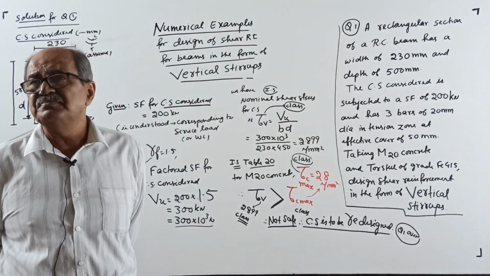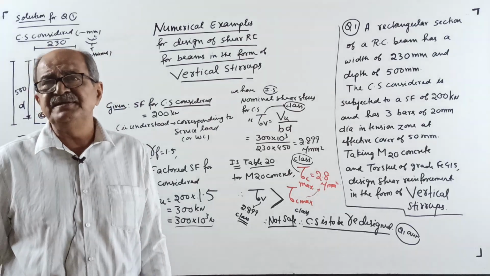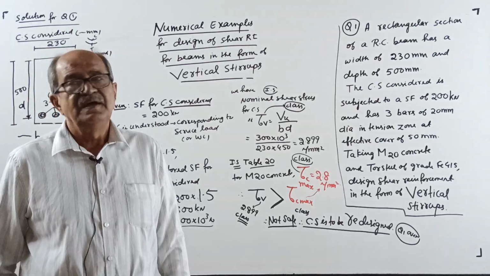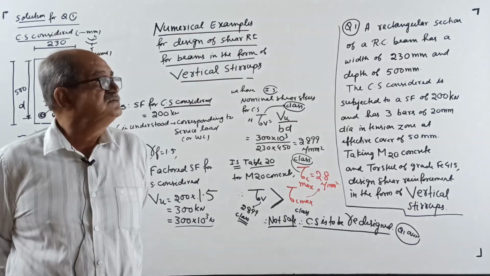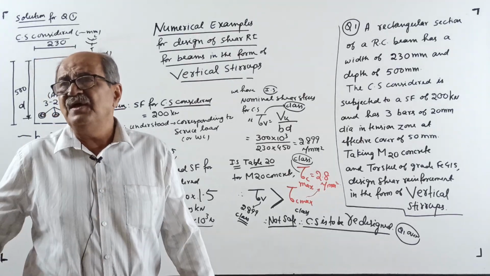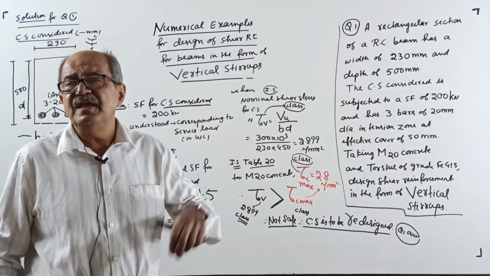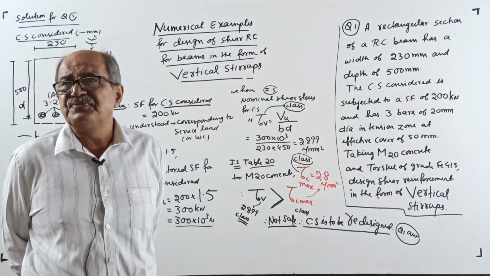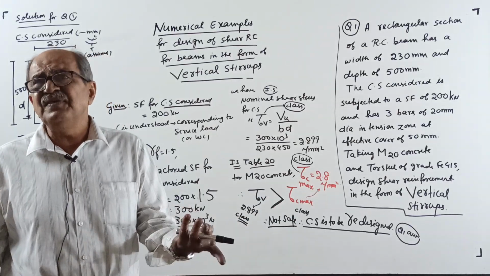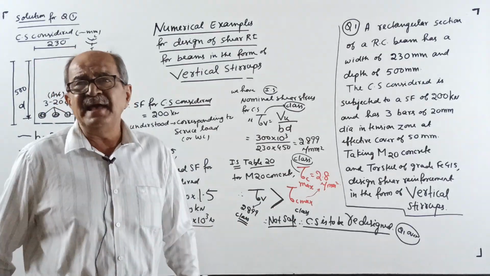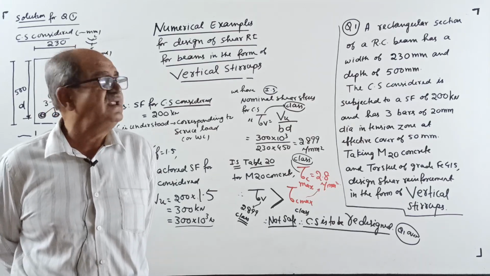Tau C also same, based on percentage of tension reinforcement Pt provided, different table. Then shear force resisted by concrete: there Vc, here Vuc. Shear force for stirrups: there Vs, here Vus. Spacing is spacing. IS code maximum permissible same once again.